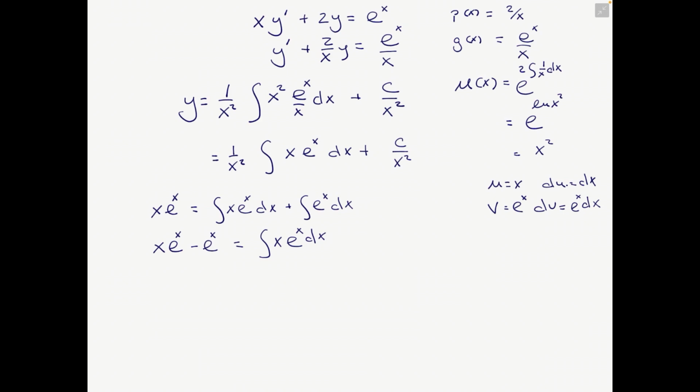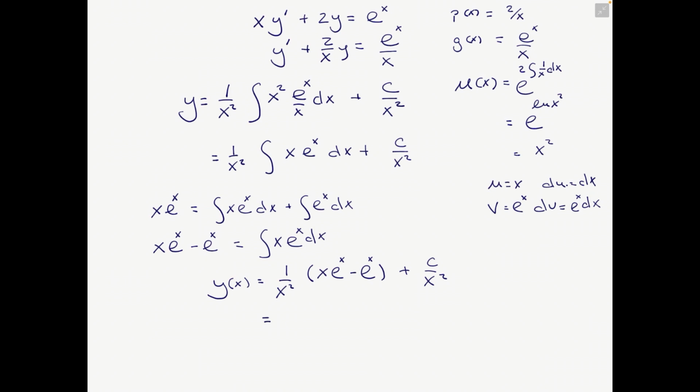Now we've plugged that into the integral. And we got y of x equals 1 on x squared times x e to the x minus e to the x plus c on x squared. We can factor.